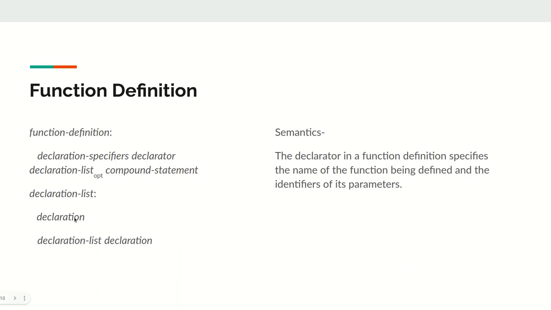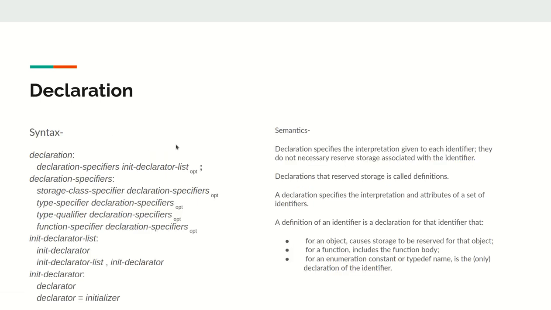So this declaration we define now, and it depends on the declaration specifier and declarator. So we'll see the semantics here. A declaration specifies the interpretation given to each identifier. So a declaration is nothing but the interpretation given to each identifier. We saw what an identifier is, but to identify it, a declaration is required.